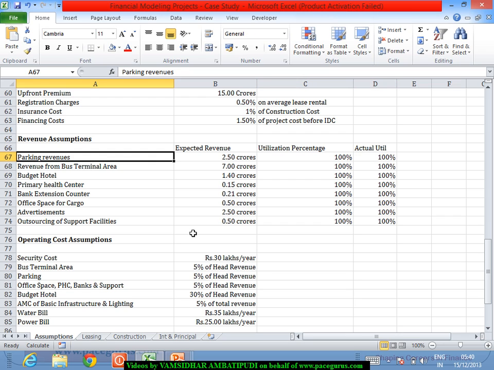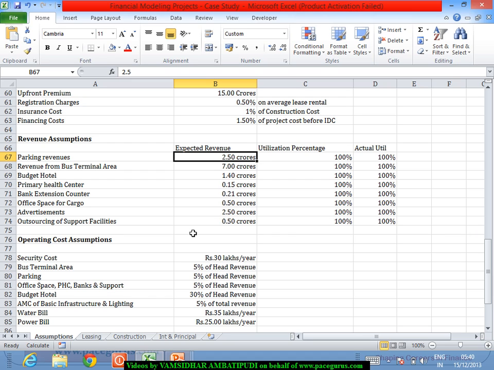Whatever it is, the parking revenue we are saying at around 2.5 crores, but arriving at that number itself could have been a big exercise, in the sense the analysis could have gone like, okay, what is the area that is earmarked for parking, and in that parking area how many cars can be parked, what could be the occupancy on a daily basis, how much charge should I do for the car parking fee, and what is the turnaround of such cars on a daily basis.